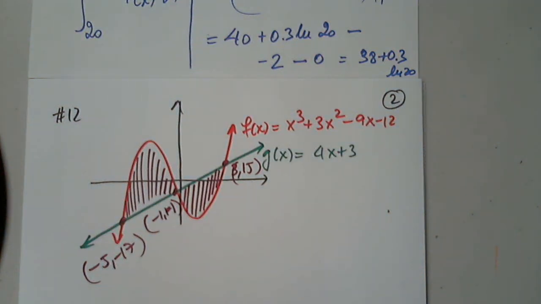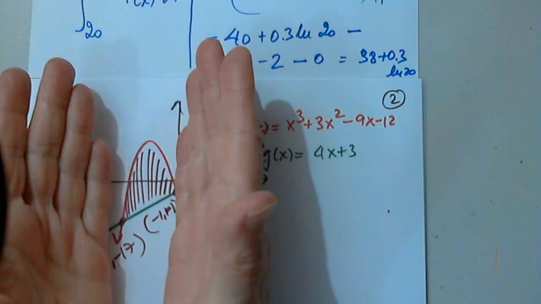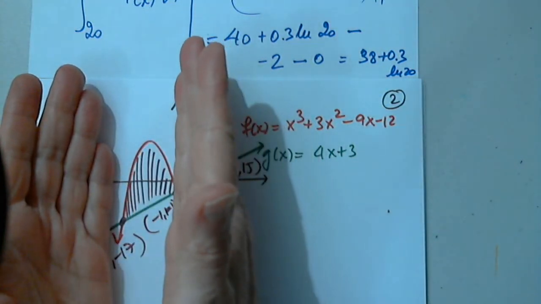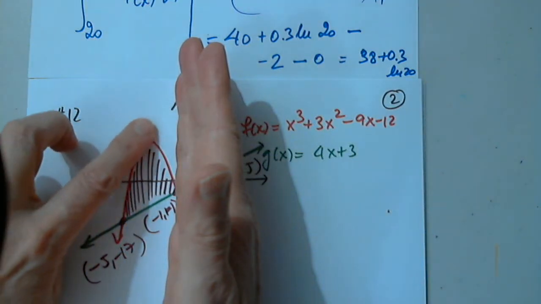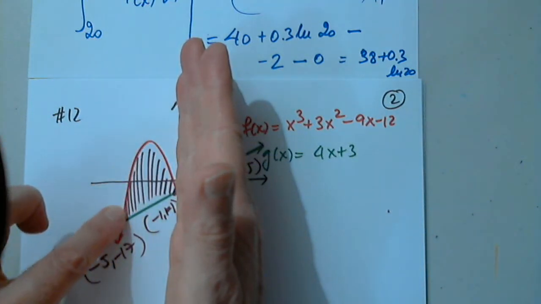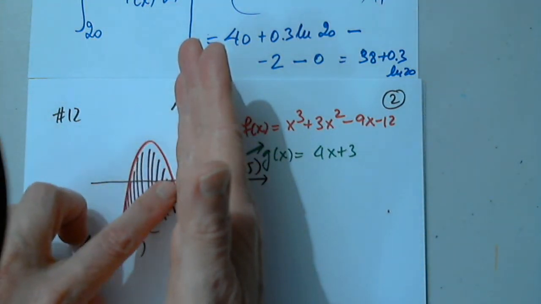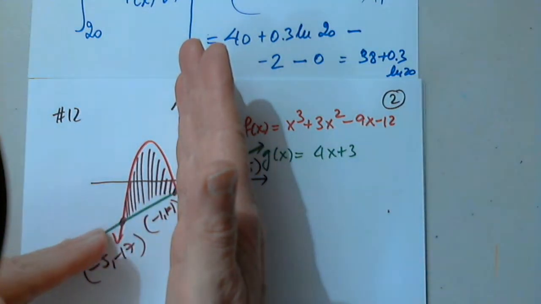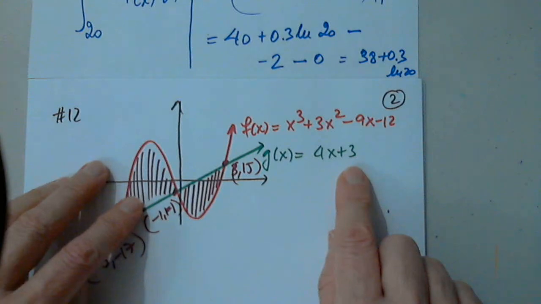Okay. So from the very first piece, I noticed that the polynomial function, degree 3, is above the graph of the line, above 4x plus 3.